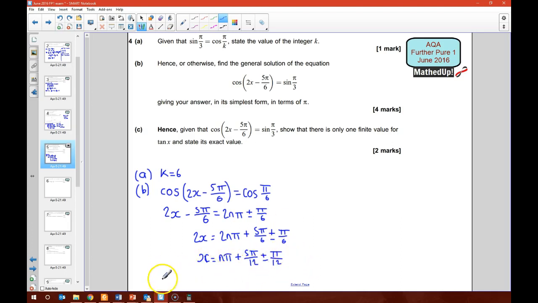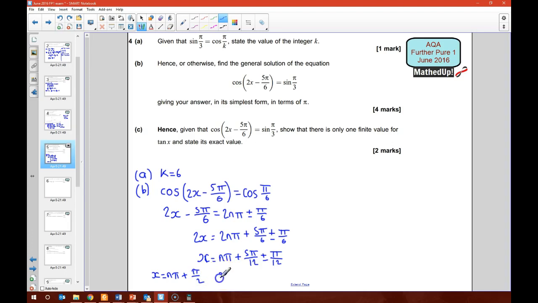So I can now write down my two solutions. I've got x is equal to n pi plus, and if I do 5 pi over 12 plus pi over 12, which gives me 6 pi over 12, which is pi over 2.